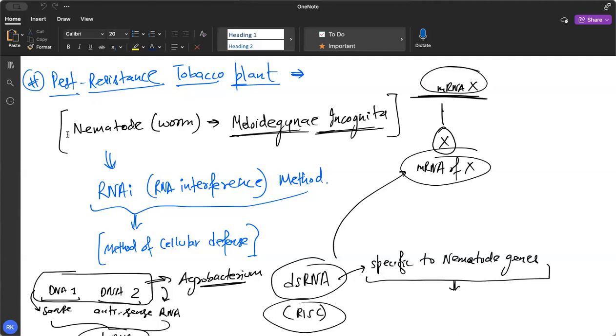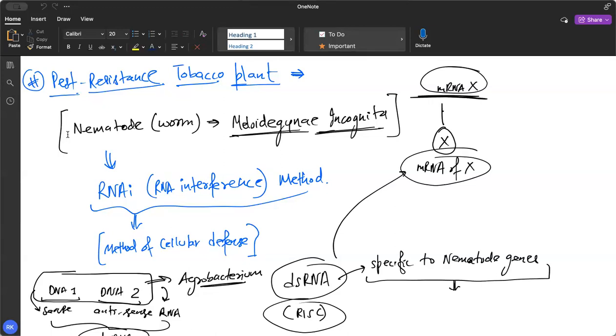So that is the problem, right? You have identified the problem: there is a nematode, which is a worm called Meloidogyne incognita. It affects the tobacco plant, basically the roots, and kills the cells of the root. So it makes the plant weaker and weaker, and over time the plant will die.